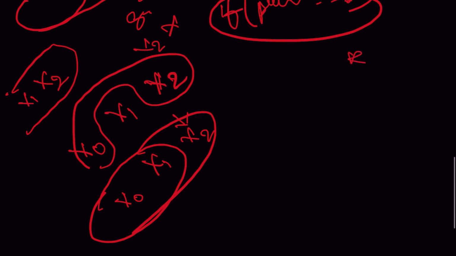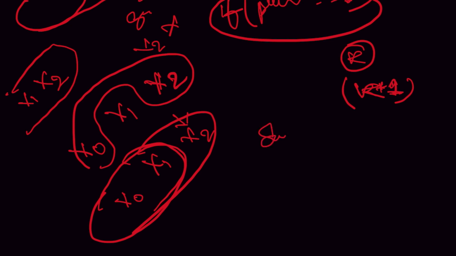If your current value is k, then for the previous subarray, what was that k value? That was k plus 1. So what would be the summation that you will be adding? That is k plus 1 times nums of i. And how would you decide that minus or plus?